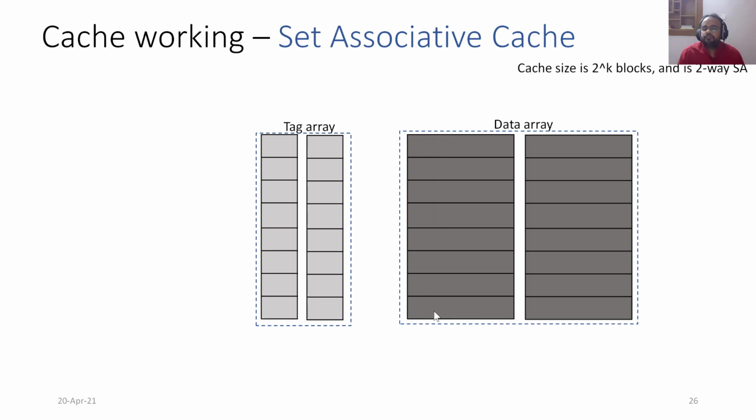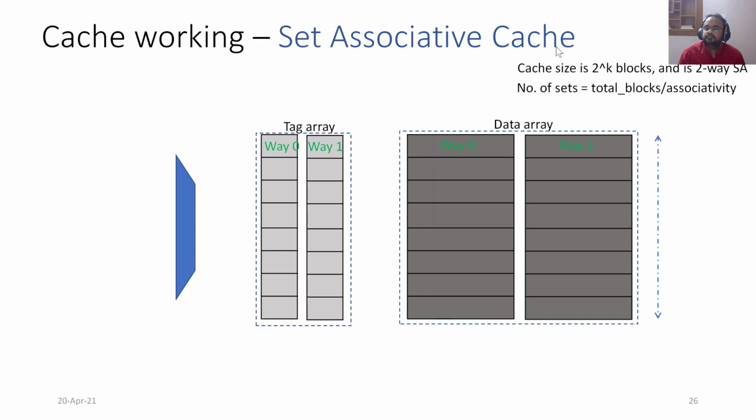And the number of rows in each of these ways is 2 power k upon 2, which is 2 power k minus 1. That's how we calculate the number of sets, right? So each of these ways has 2 power k minus 1 blocks. We term the ways as way 0 or way 1. If it is 4 way, then it would be way 0, way 1, way 2, way 3, right?